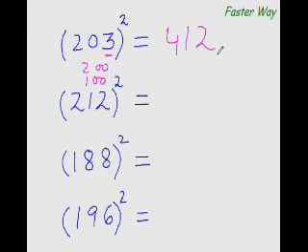Now, since 100 has 2 zeros, so 2 more places to go. All you need to do is find the square of this distance. So 3 square is 9, so put 09 here. That's it. So now find the square of 212 using the same approach.